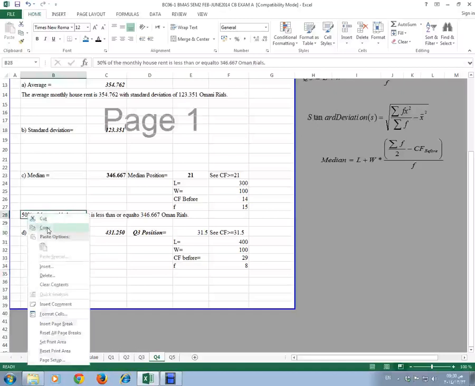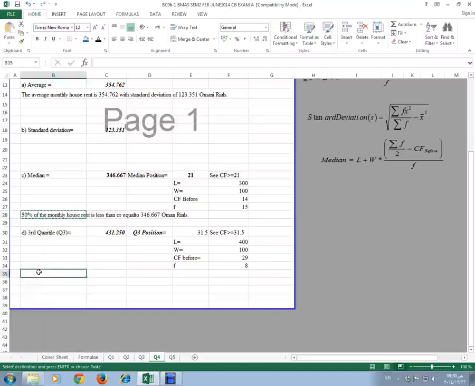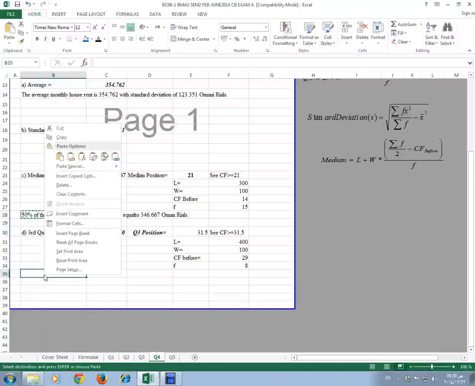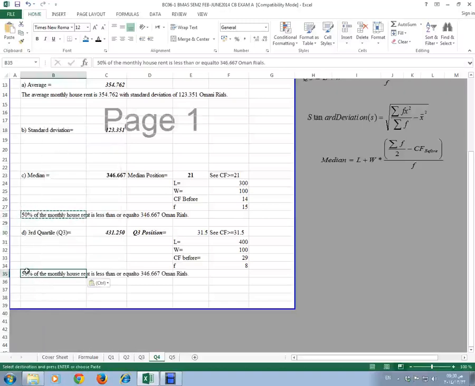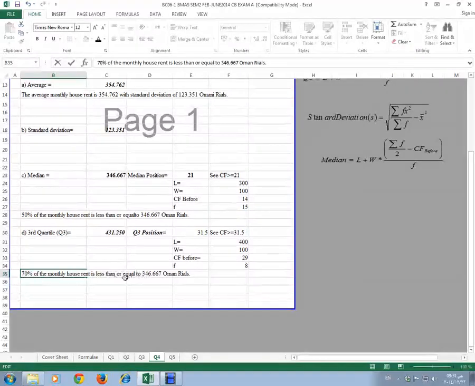Instead of writing it again, I will just copy this one and paste it here, and this one is 75%. 75% of the monthly house rent is less than or equal to 431.25 money reals.